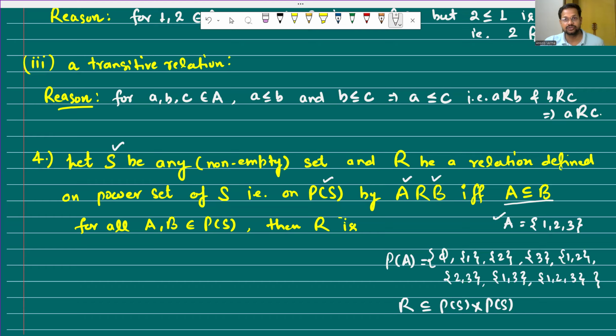Okay, so is it reflexive? The answer is yes, because any set is a subset of itself.